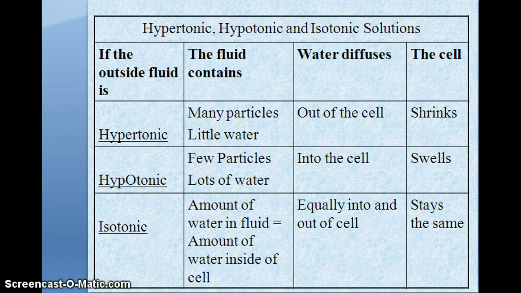As a result, if something is placed in a hypertonic solution, this would be like very salty water, and you placed a cell in a very salty solution, what would happen is the water would flow out of the cell into the salt water, and it would cause it to shrink. If you remember, this was the gummy bear that was placed in salt solution and it shrunk.